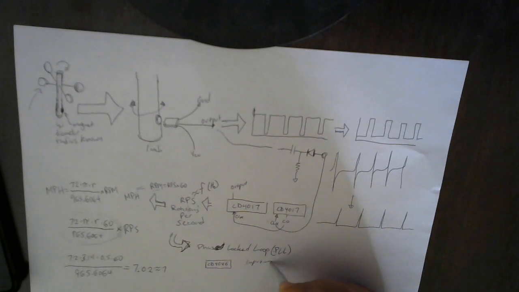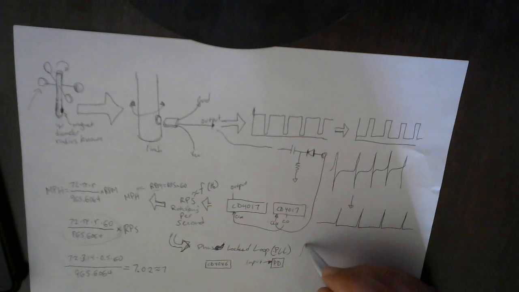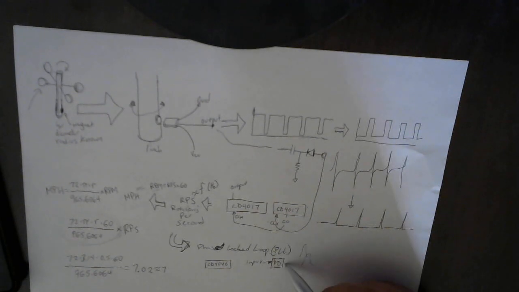And basically, if you want to draw a block diagram of this, there's an input signal which is coming from here, and that input signal goes through what we call a phase detector. It determines whether a wave is in phase with another wave. That's a frequency wave, so they could be of different frequencies.